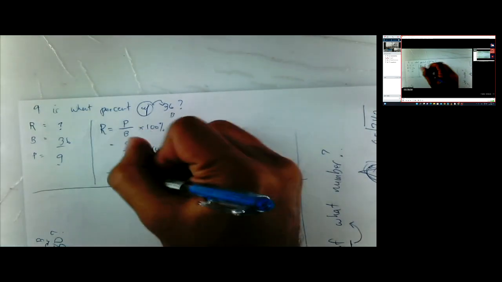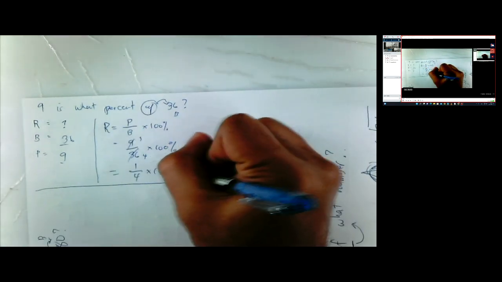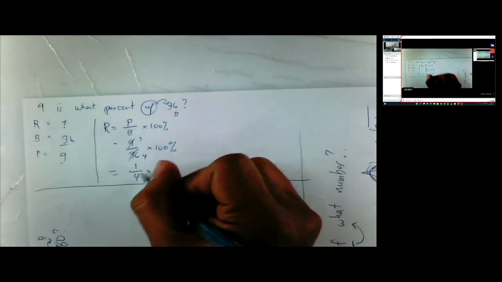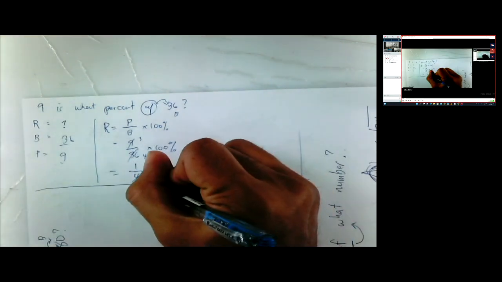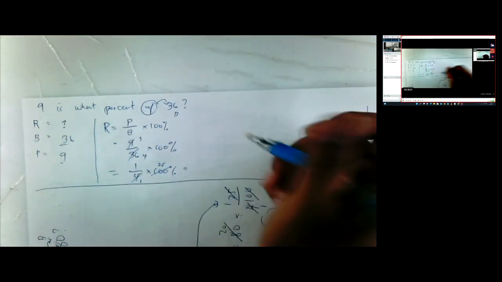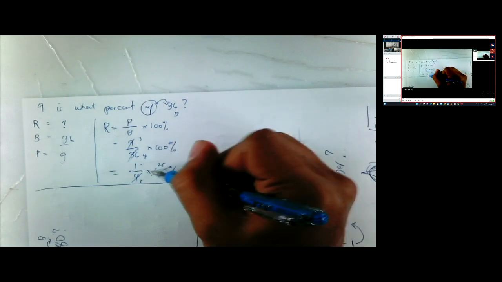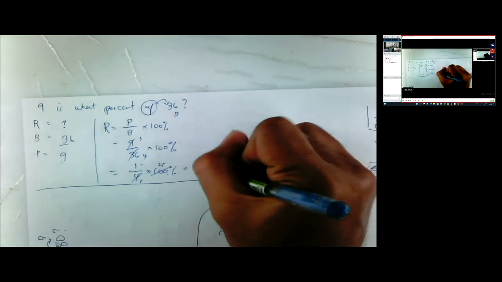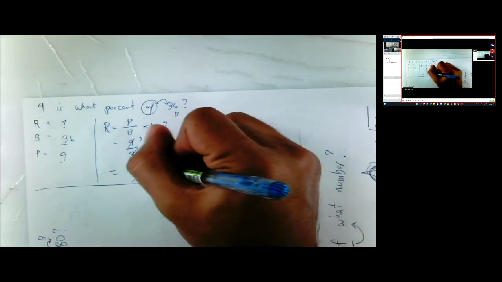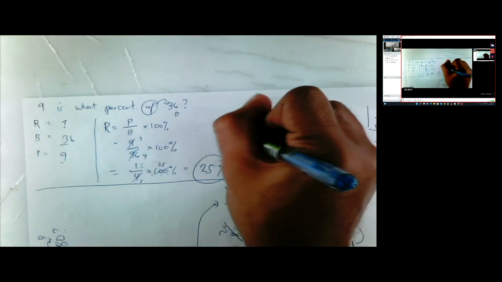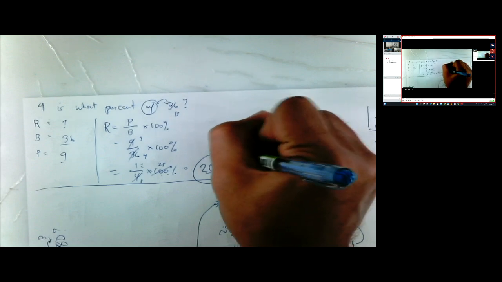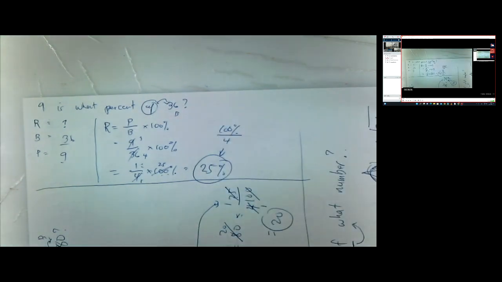So you will have 1 over 4 times 100%. You can simplify 4 and 100: this will be 1, this will be 25. 1 times 25% is 25%. Or if you want, 1 times 100% is 100% over 4. Same. That is equal to 25%.